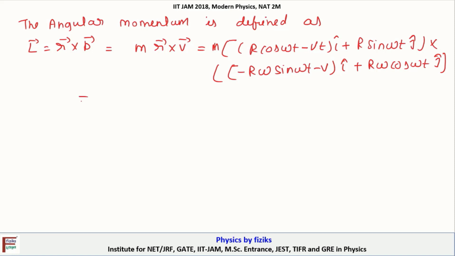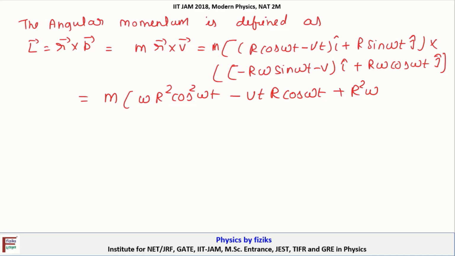So if we take the cross product, we get m times (ω r square cos square ωt minus vt r cos ωt plus r square ω sin square ωt plus v r sin ωt) k cap.